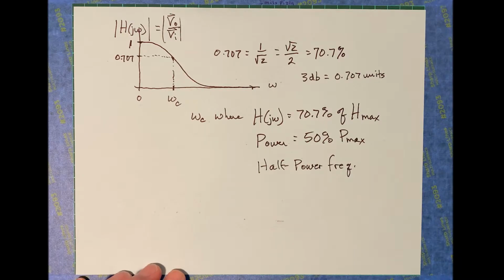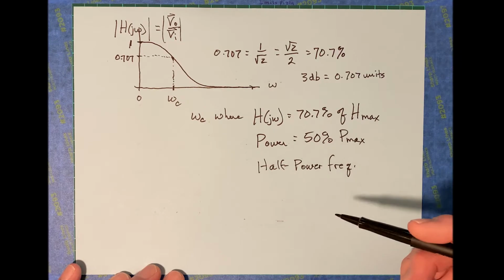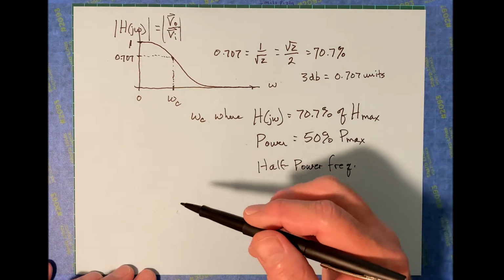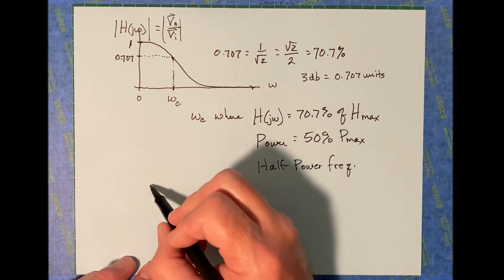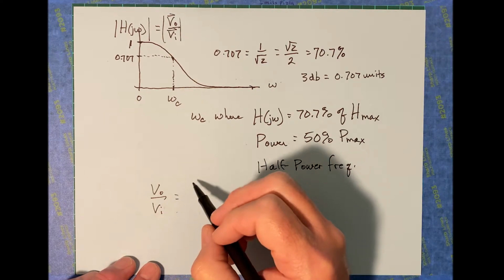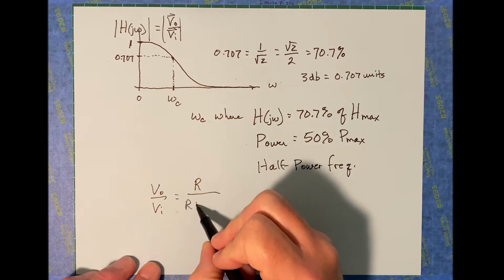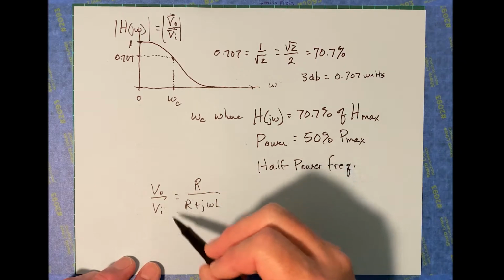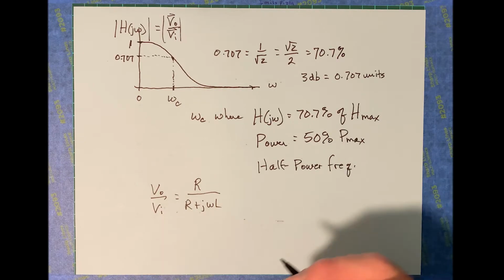All right, well, for our problem that we've got here, when we transform into the frequency domain and we determine what our transfer function is going to be, I've already said that we've got V output over V input. That's going to be R over R plus j omega L, like that. Well, that's one way to write it. That's typically not the normal way to write it.